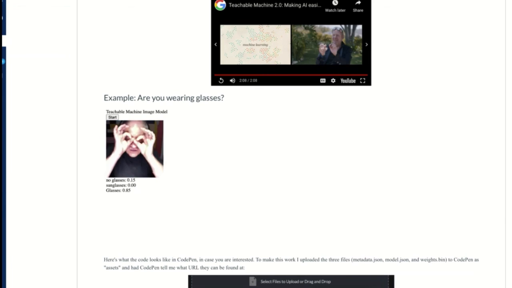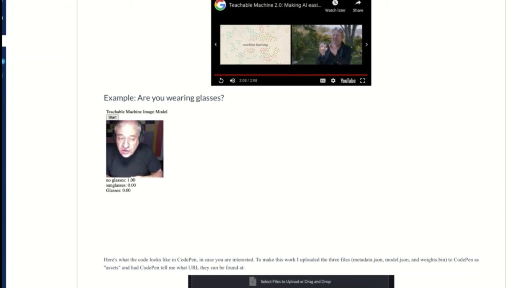If my glasses are off and I go like that, I can make the network start to think, you know, maybe those are glasses. I can even do this. So if I hold this up, it starts to think that those might be sunglasses.